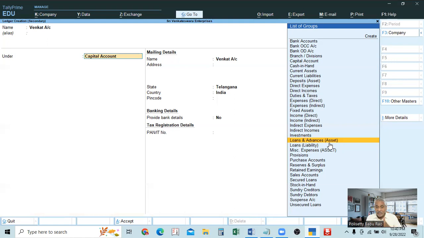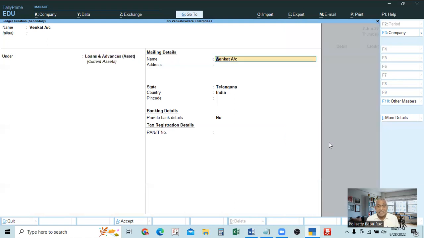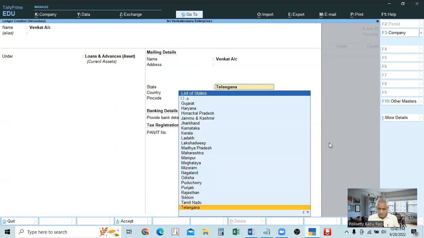Under this, the persons to whom we gave loans or advances, their names will come as individual accounts. So we have to collect this loans and advances asset under current assets. Current assets is the main, primary group, and loans and advances is the secondary group. Under this secondary group, the persons who took loans or advances from us, their names will come. Venkat account, that's all. And Telangana, everything okay.